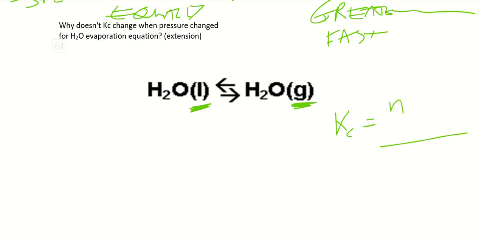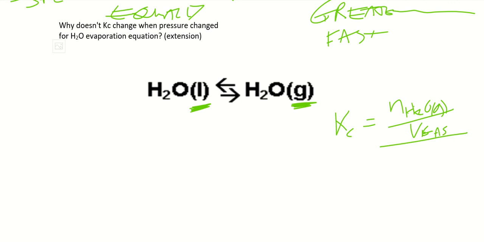That's the number of moles of gaseous water, H2O gas, divided by the total volume of the gas, so just volume of the gas here, and divided by the concentration of water liquid, which is the number of moles of water liquid divided by the volume of water liquid. So we could put that in as well.